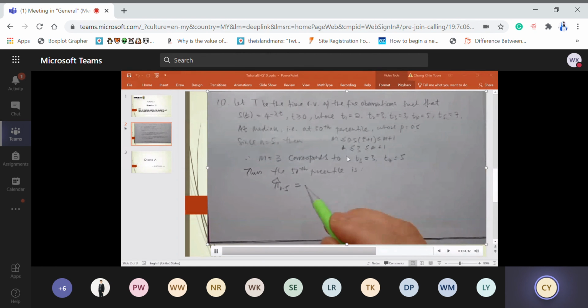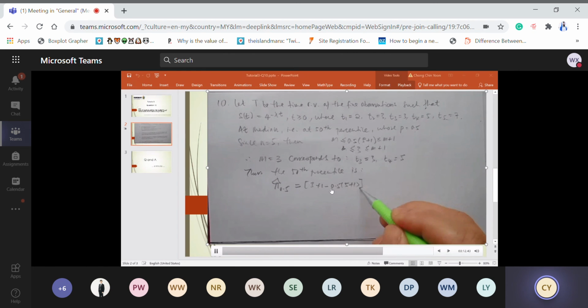And so we have 3 plus 1 minus P times n plus 1 times T3, which is 3, plus P times n plus 1 minus 3 times the fourth data, which is 5, and this is equal to 3.